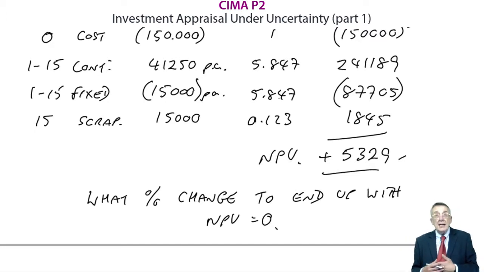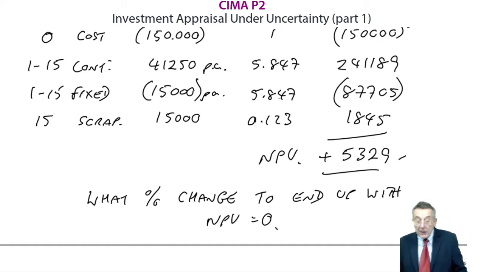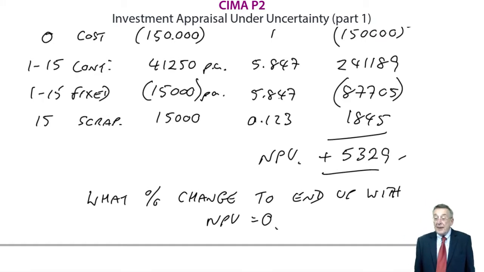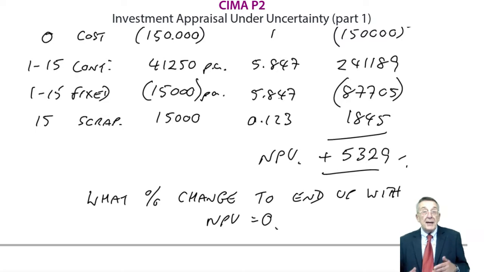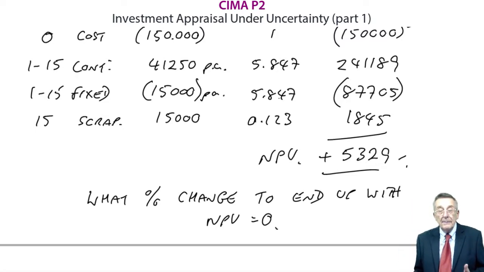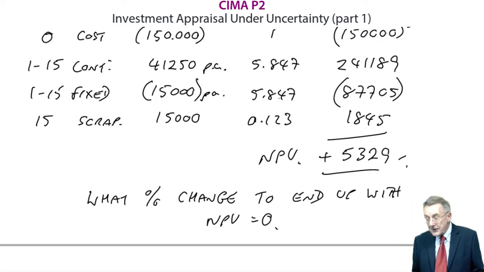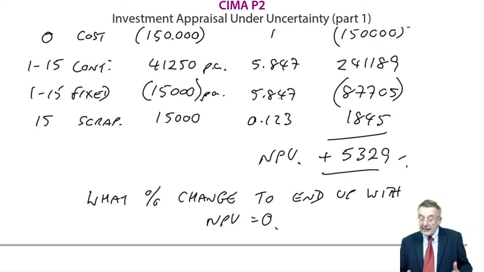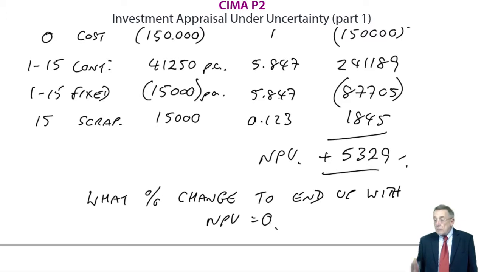Still positive, still okay. But if the cost were to go up by 6,000, NPV falls by 6,000 and becomes, I'm sorry, negative. And of course, if it's negative, then we would have wanted to reject.